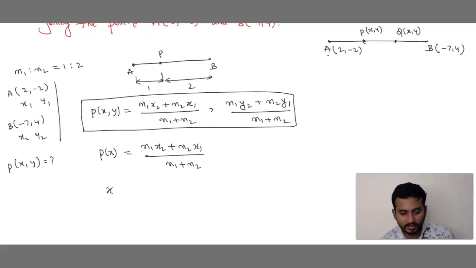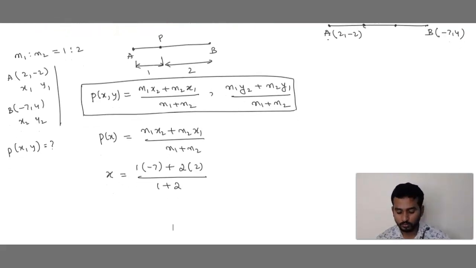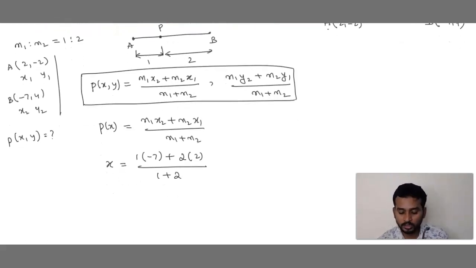So I will write x as it is, equals m1 is 1 into x2, minus 7, plus m2 is 2, x1 is 2, divided by m1 1 plus m2 2. Got it? Are you getting, children? See here, this is x as it is. m1 is 1, x2 is minus 7.